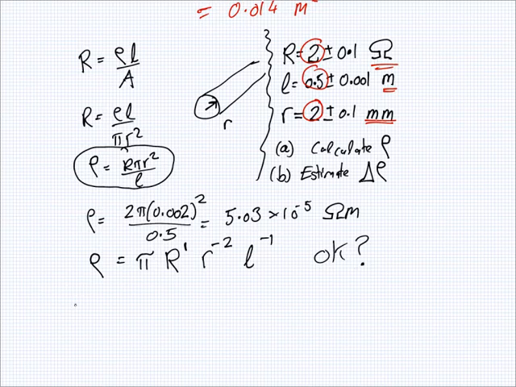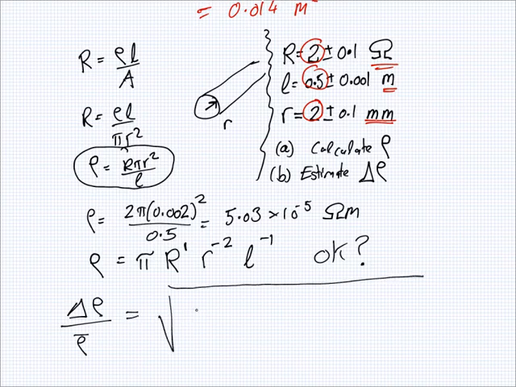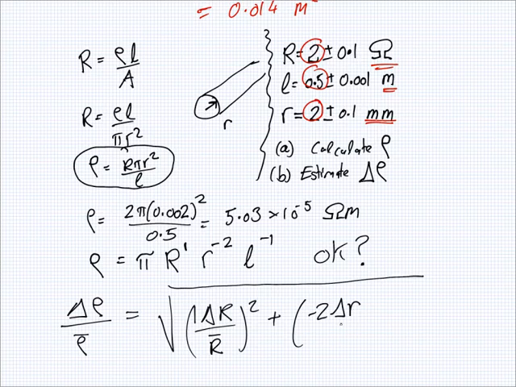So now you know that the uncertainty in this calculation divided by its value equals the square root of 1 times uncertainty of R over R squared, plus minus 2 times uncertainty of radius over radius squared, plus minus 1 times uncertainty of L over L squared.